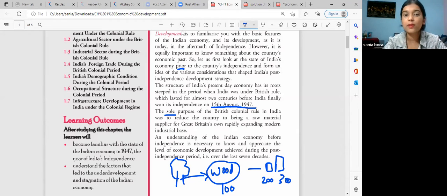Clear? So we'll be making running notes in the class itself, so that after that you have good notes and you can revise everything. Just write it down. I'm just giving you 1 minute, and then I'll move to the next thing.